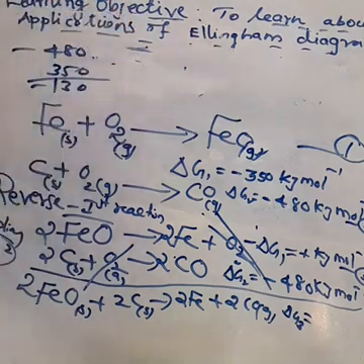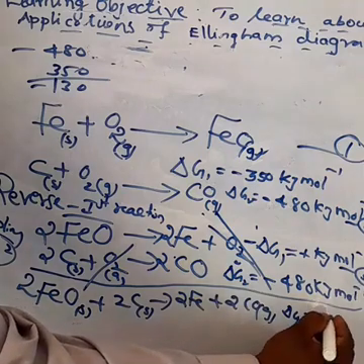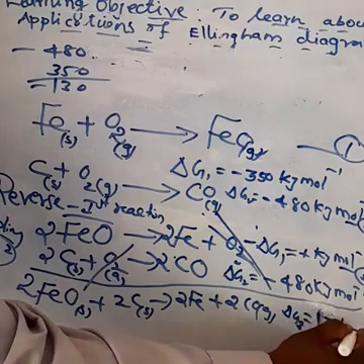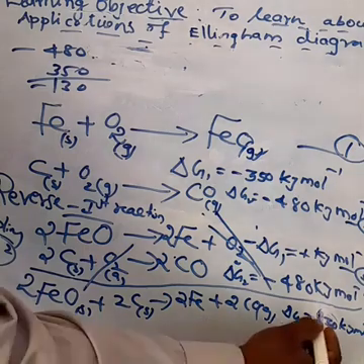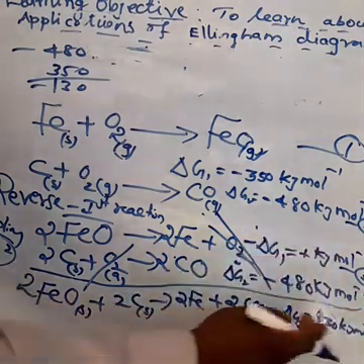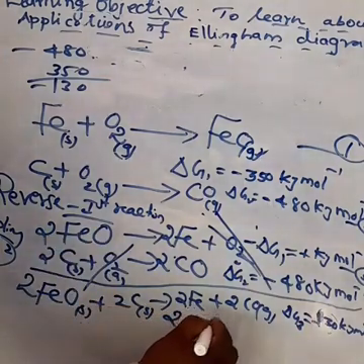That's equation number 4. In this equation, all species have 2 moles, am I right? 2 FeO plus 2 carbon gives 2 Fe plus 2 CO.